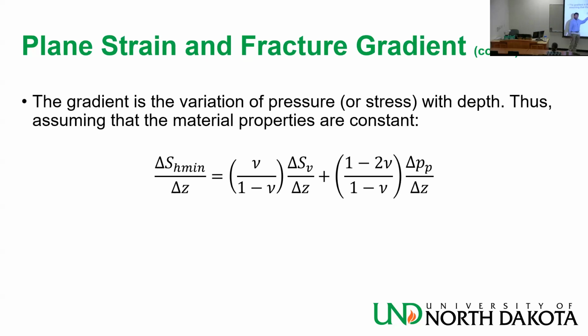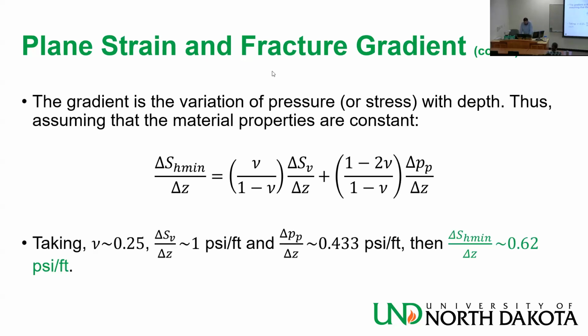So I do the derivative with respect to depth, with respect to Z. And if I take Poisson's ratio to be 0.25, I take the overburden, the lithostatic gradient, which is delta SV divided by delta Z, to be roughly 1 psi per foot. Then I take the pore pressure to be hydrostatic. I basically get something like 0.62 psi per foot.